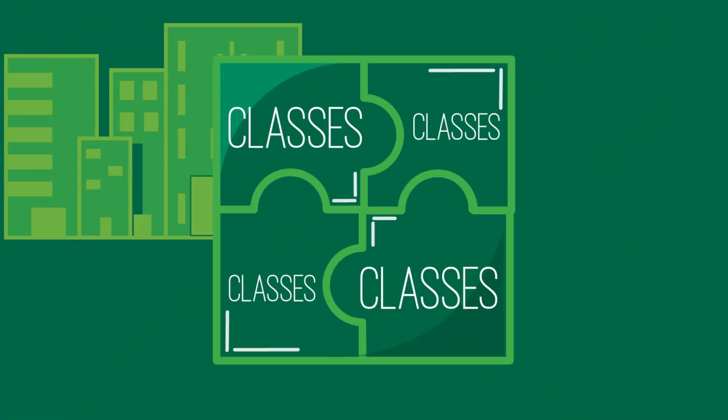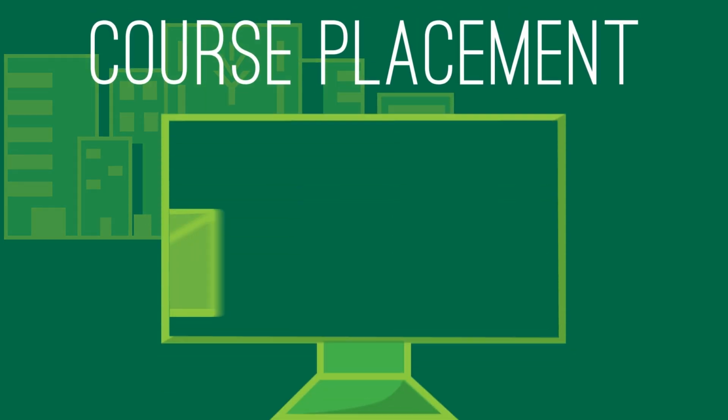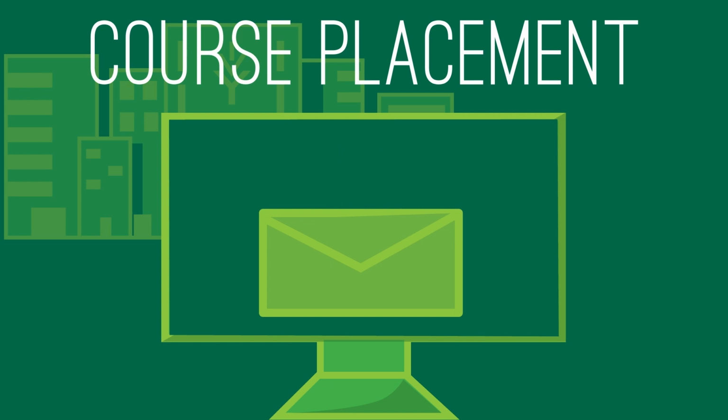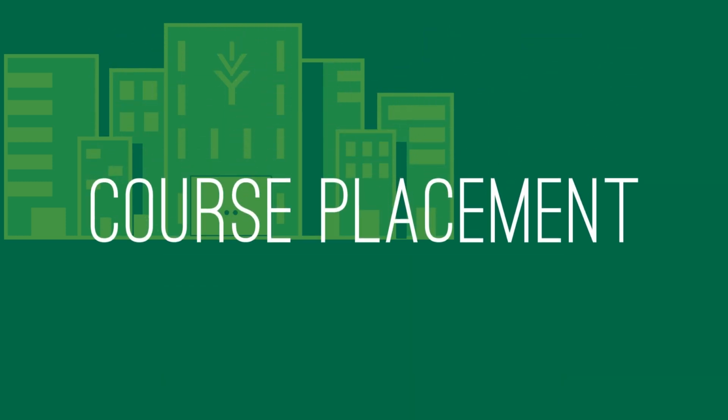This step is called course placement. You can do this by submitting ACT, SAT, or PSAT scores, your high school GPA, or previous college credit and transcripts for consideration for your course placement.